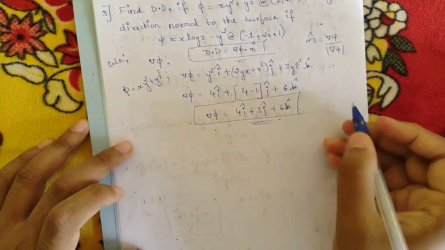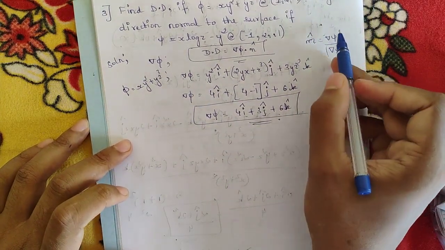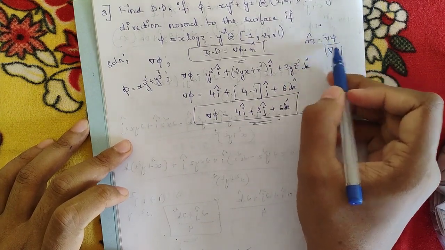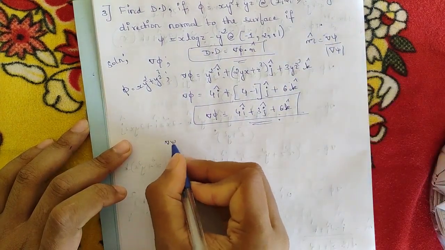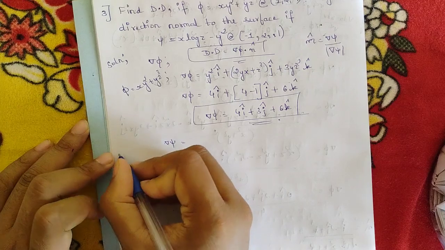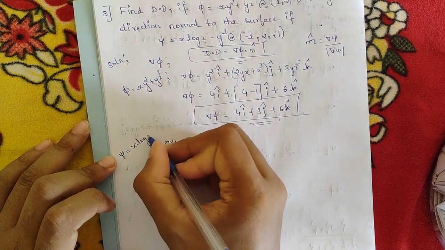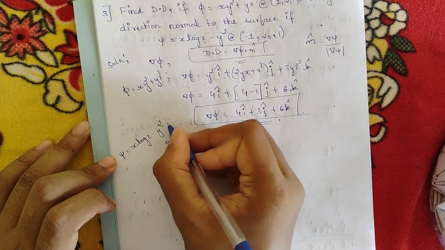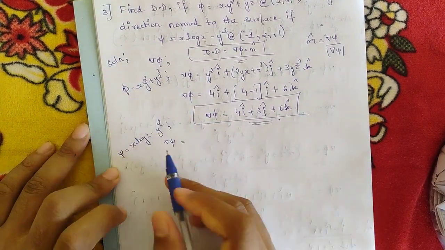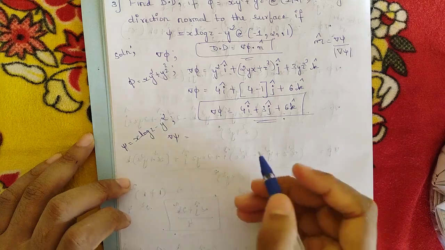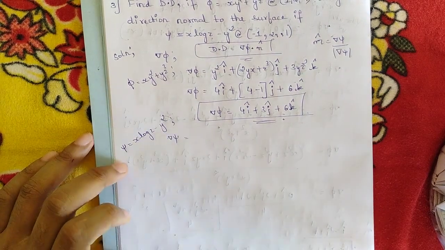Now find the n vector. The formula I have written. For that we should now find del psi. I'm writing psi here, that is x log z minus y square. Again partial differentiation, the same thing: first partially differentiate with respect to x.